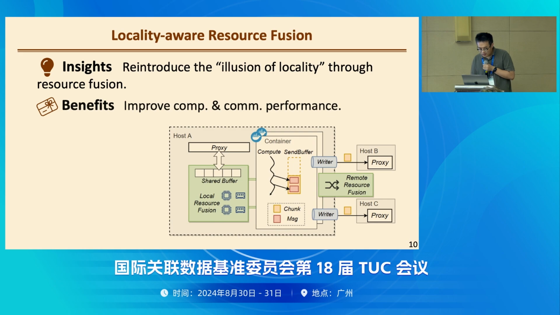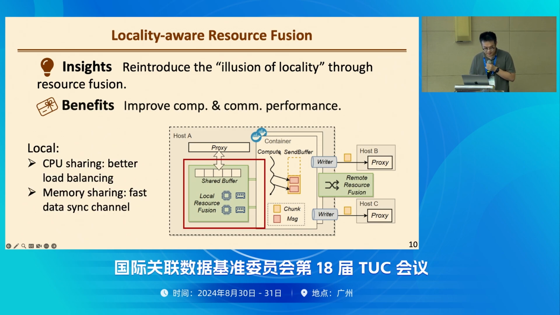However, the scattered containers could introduce extra communication overhead, which could degrade performance. To address this issue, we aim to recreate the locality by employing resource fusion. This involves simulating an environment similar to having a single large server instead of multiple small containers.